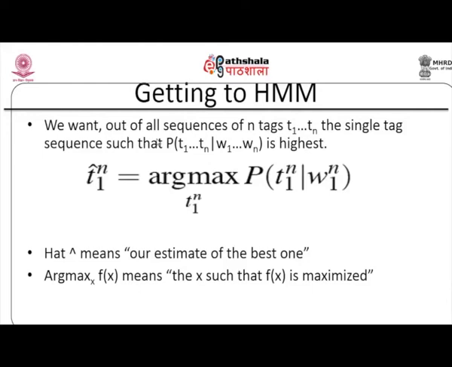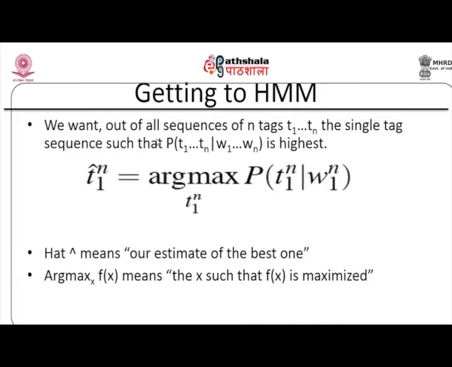That is the word sequence, so n is equal to 5. You want determiner, noun, verb, determiner, noun. That is the tag sequence you want. You want to find the tag sequence that maximizes this probability. You can have different tag sequences given the same word sequence, and you will choose the tag sequence that maximizes the value of the probability.